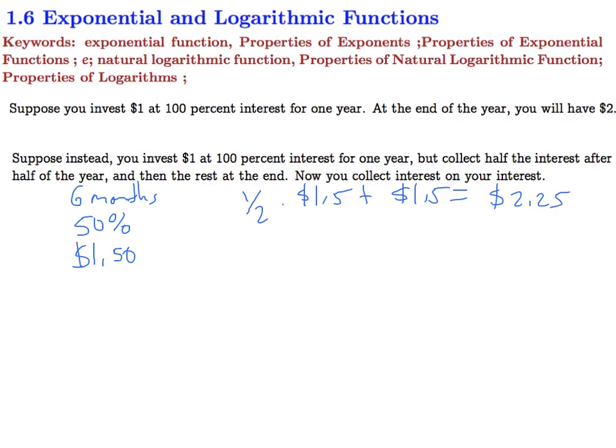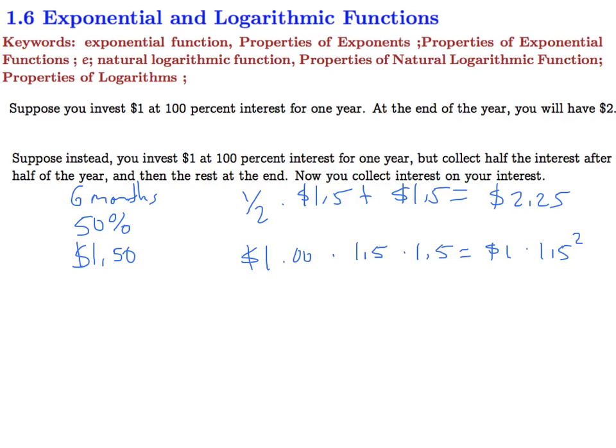Now, this was sort of a strange way to write out this problem, but what really happened is that you started the year with $1, you multiplied this dollar times 1.5 to get your first $1.50, and then at the end of the year you multiplied it again by 1.5. So you took your $1 times 1.5 squared to collect your interest twice throughout the year.